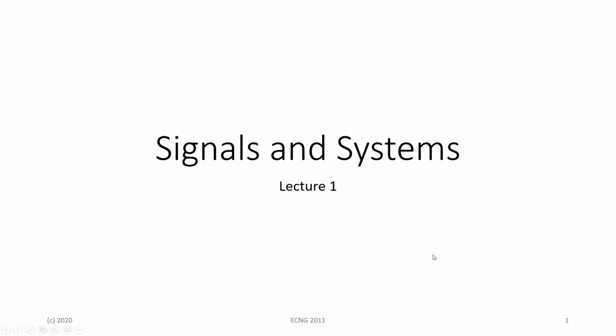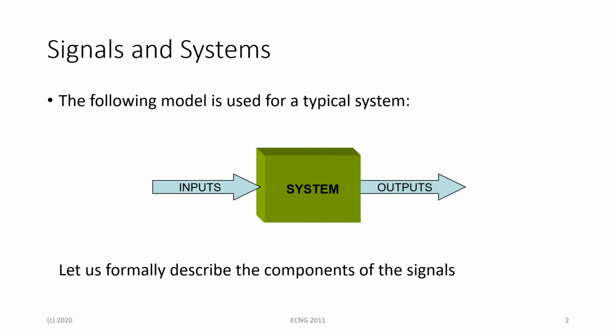All right, so our first lecture today is basically our signals and systems course and the terminology that we're going to be using in particular. The following model is what we're going to be using for any typical system that we're going to encounter throughout this course.